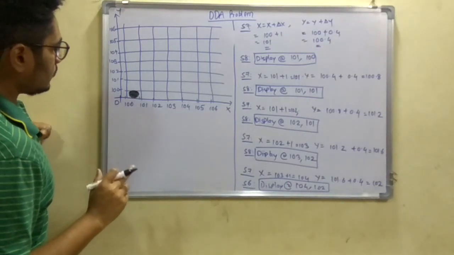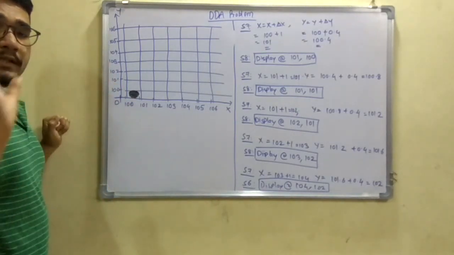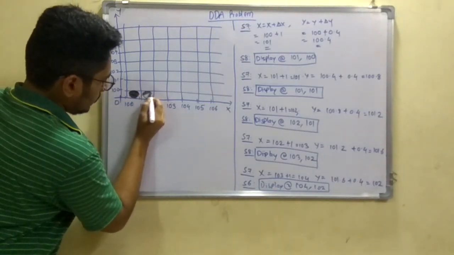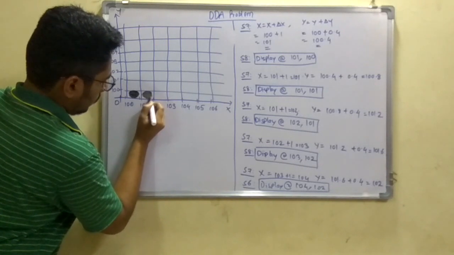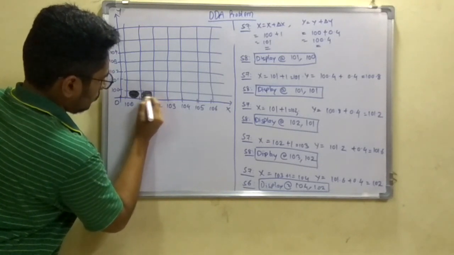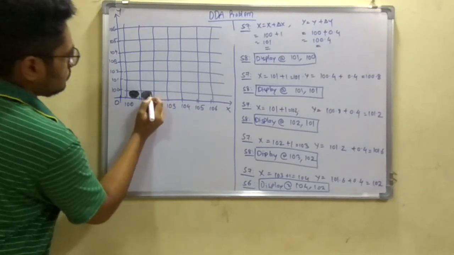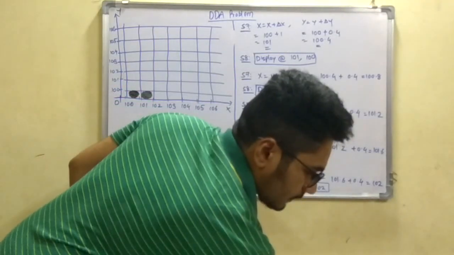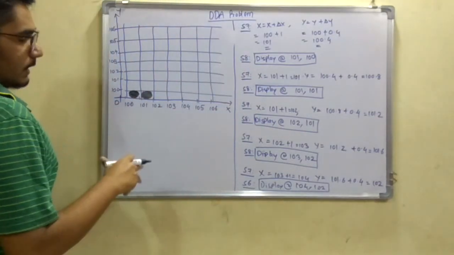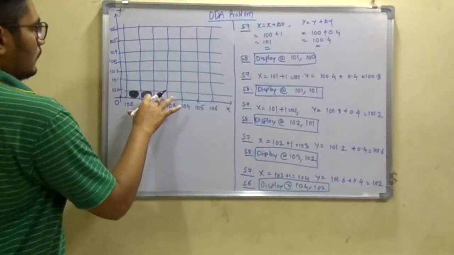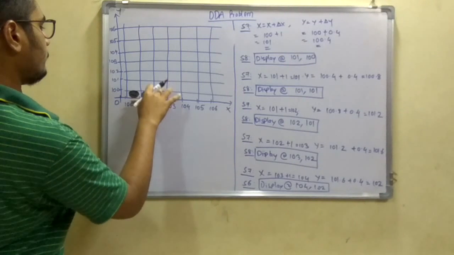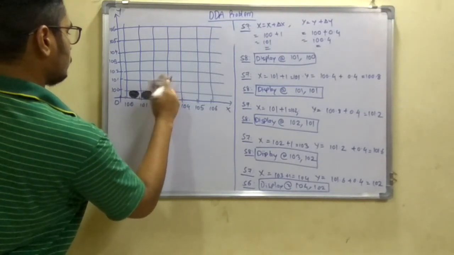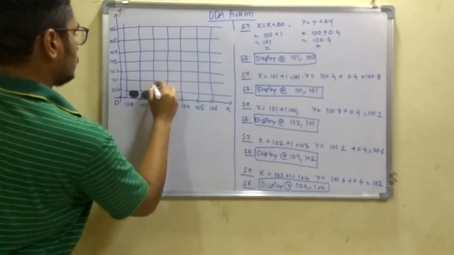So 101 in the x-axis and 100 in the y-axis. So the very adjacent point, so we color it this, or we make a dot in this manner. Next we move on to the next point, that is 102 and 101. So 102 is here and 101 you get from here. So this is 101, this is 102. So you color this in this manner.